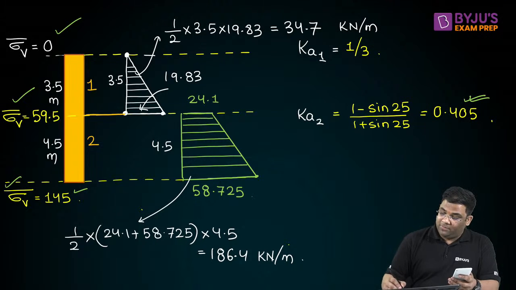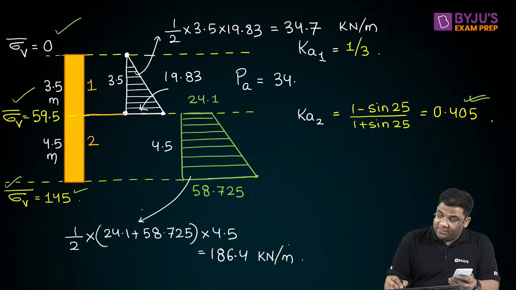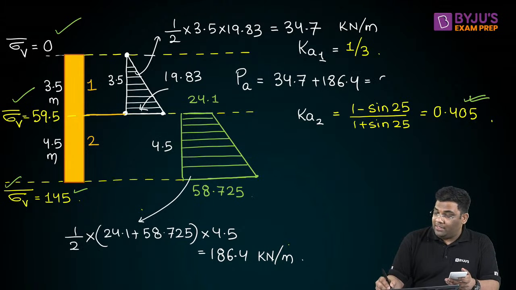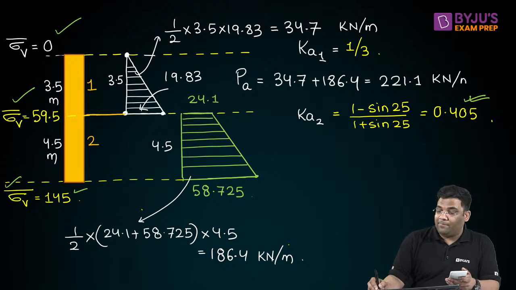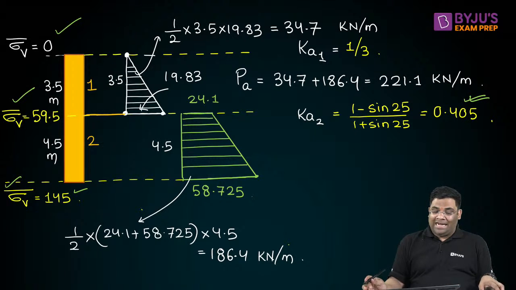So total pressure will be how much? The total active earth pressure will be equal to 34.7 plus 186.4, and it is 221.1 kilonewton per meter. So easy, right?